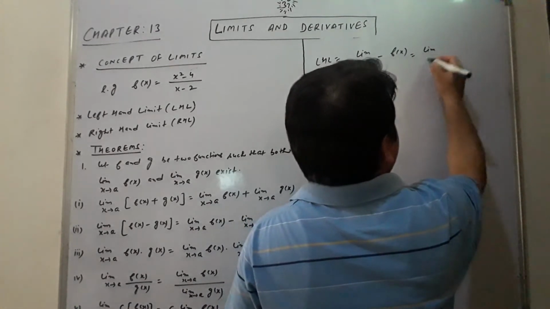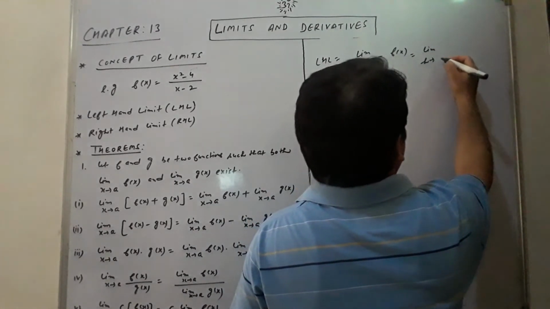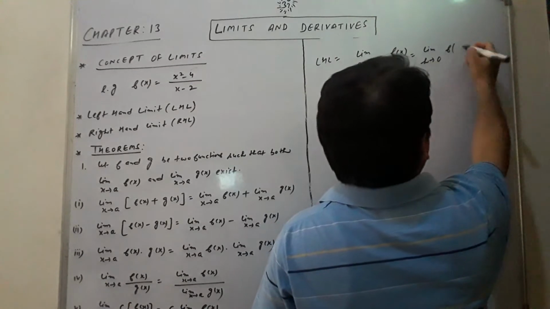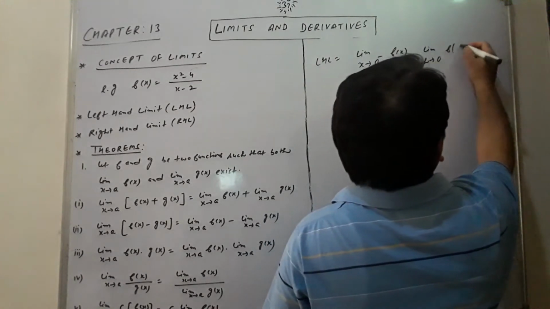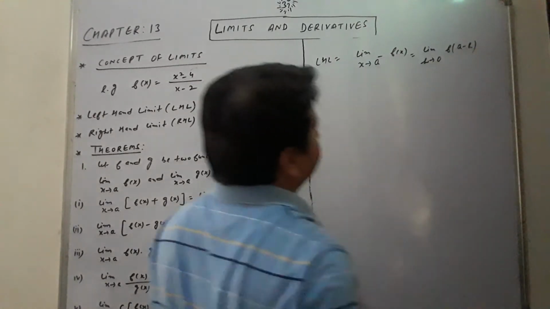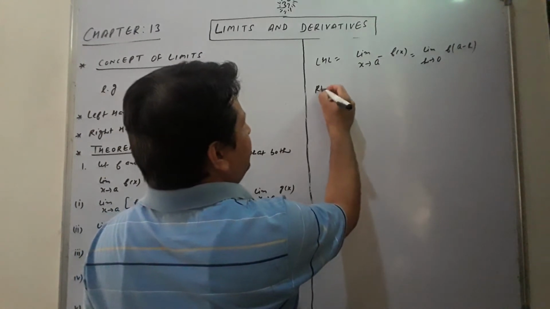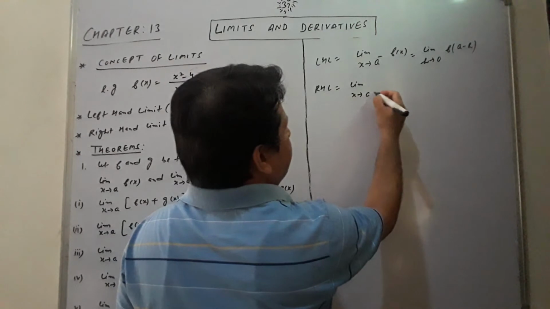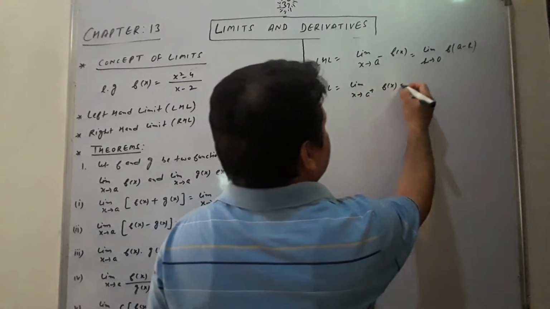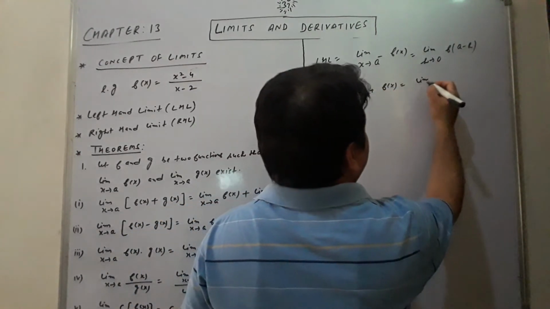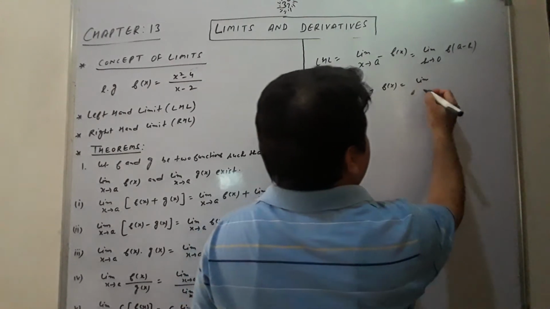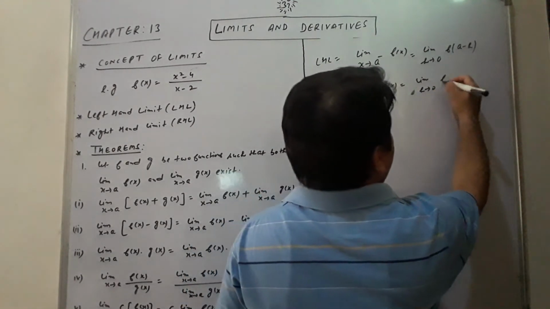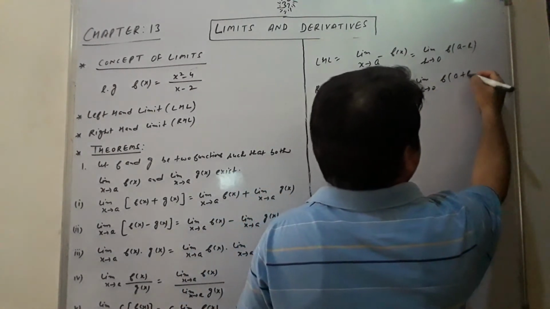Limit, we change into h tends to 0, and f of x will come as f of a minus h, students. Second is the right hand limit. This is equal to limit x tends to a plus f of x. This is equal to limit h tends to 0 f of a plus h.